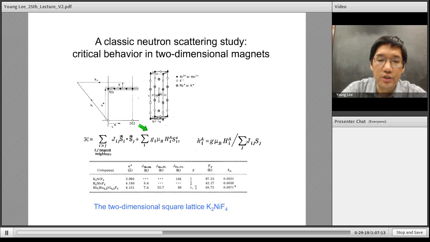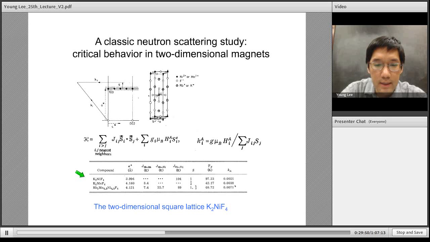They're just placing some anisotropy field, this H superscript A is the anisotropy field, that gives you a slight preference for spins pointing in the Z direction. And they can write this as a reduced anisotropy energy, and the parameters for this material, so K2NiF4, we'll just pay attention to this top line here.